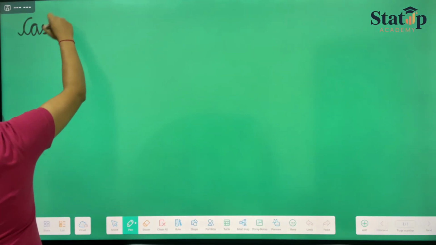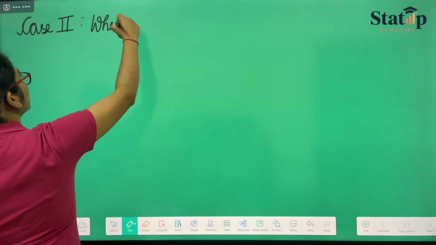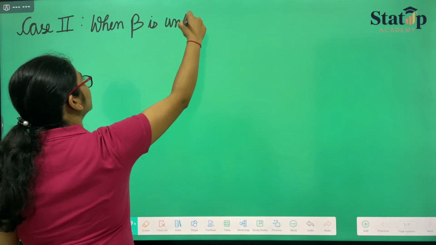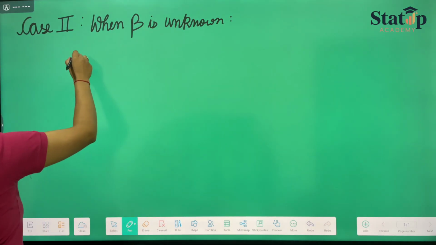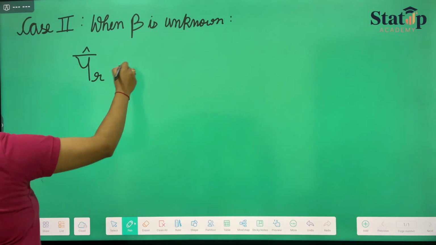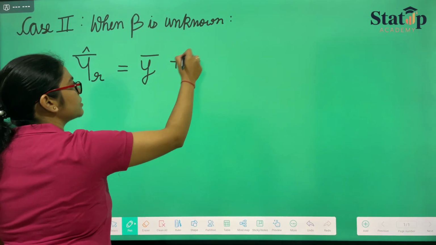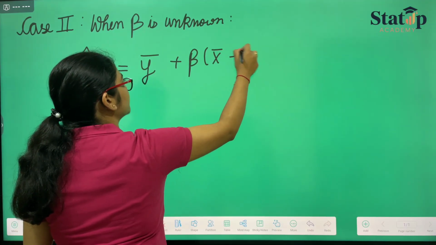Case 2 says, when beta is unknown. We know that the regression estimator can be represented as y bar plus beta into capital X bar minus small x bar.